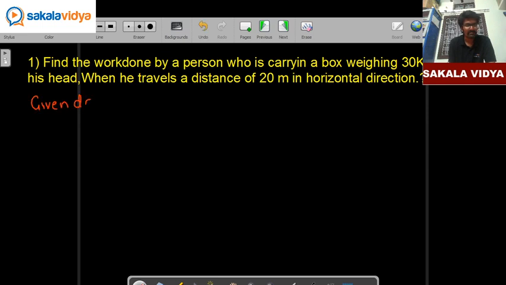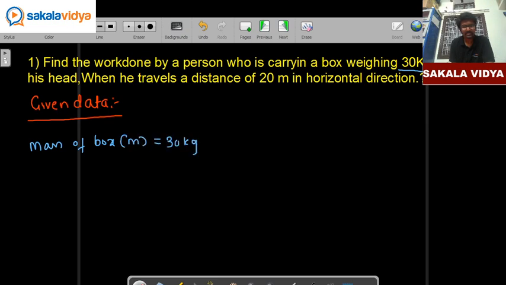What is given here? Find the work done by a person who is carrying a box weighing 30 kgs. So what is the mass of that box? M is equal to 30 kgs.